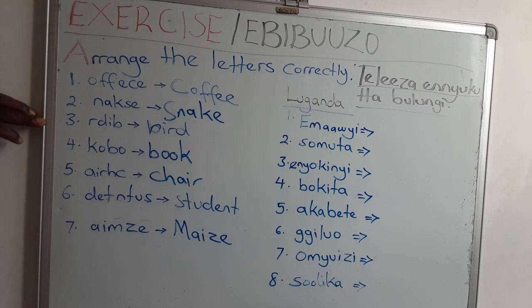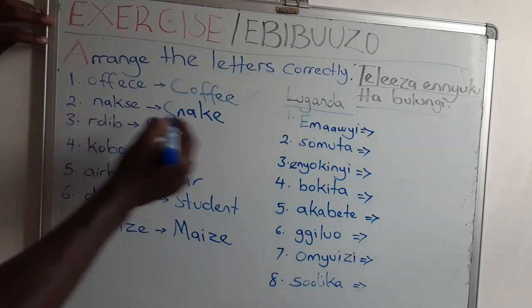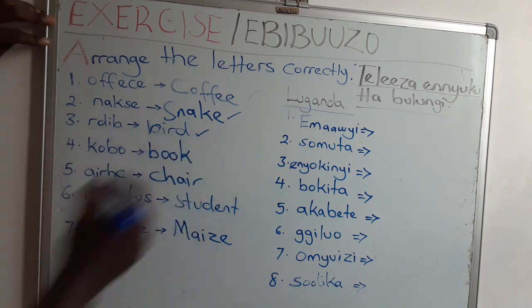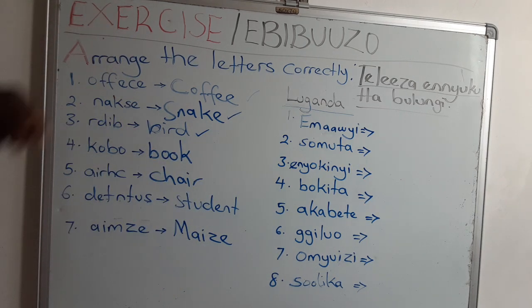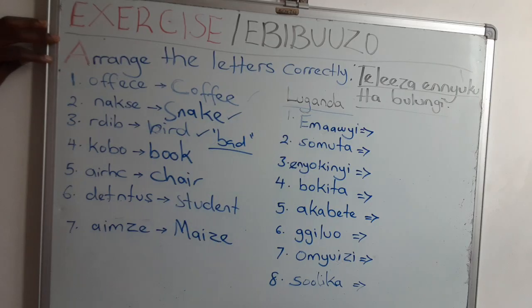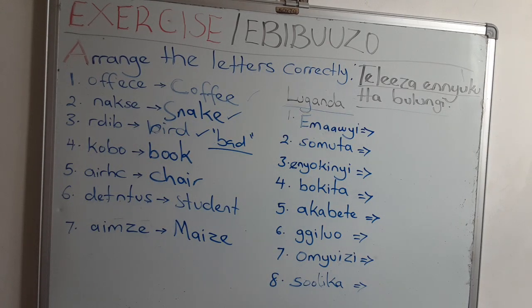Maize. So our words were, number 1, coffee. That was the answer. Snake. Number 2. Number 3 was bird. Good. Bird. Not this bird of B-A-D, but bird of B-I-R-D. Bird. Ekinyonyi. Okay? So bird.